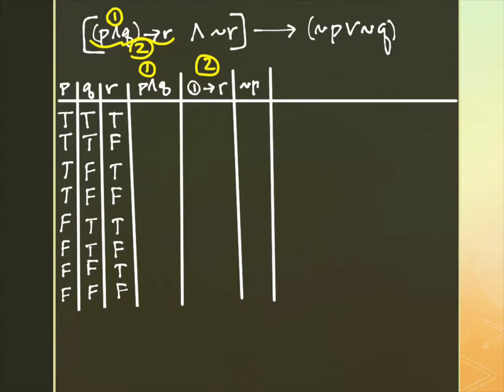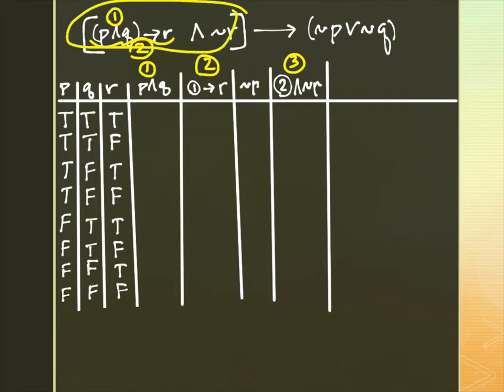So there's the tilde R. And then we'll take that column 2 with my tilde R column. And that's everything inside the bracket, I think. Yes. Okay, so now we'll do a 3. So this whole side of the arrow is 3.